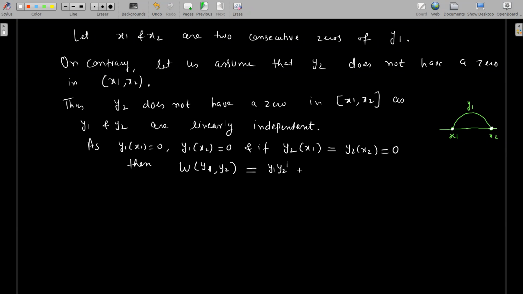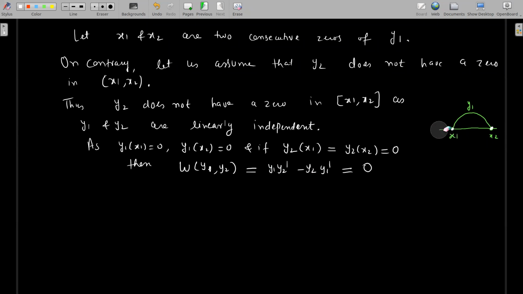y1 y2 dash minus y2 y1 dash. Wronskian इन points पे compute करोगे x1, x2 पे तो zero आ जाएगा, क्योंकि ये भी zero है, ये भी zero है x1 या x2 पे. तो हमने ये पढ़ा था अगर functions linearly independent हैं so Wronskian will be non-zero. और अगर एक point पे Wronskian is zero at x1 then it is zero everywhere.